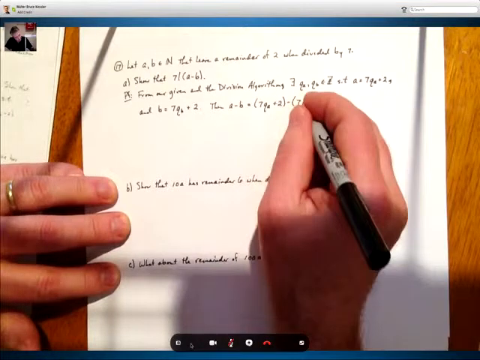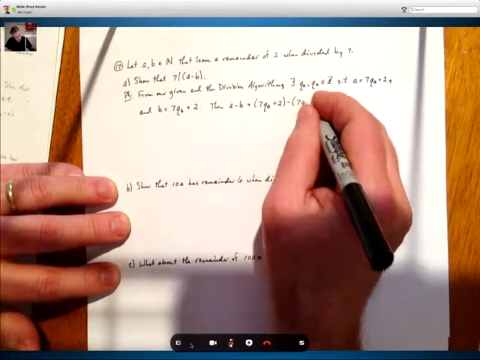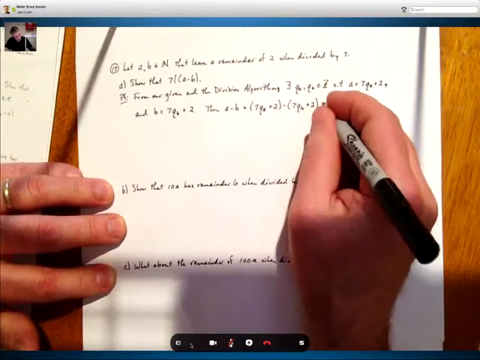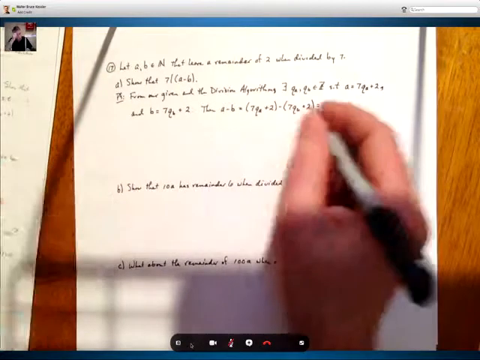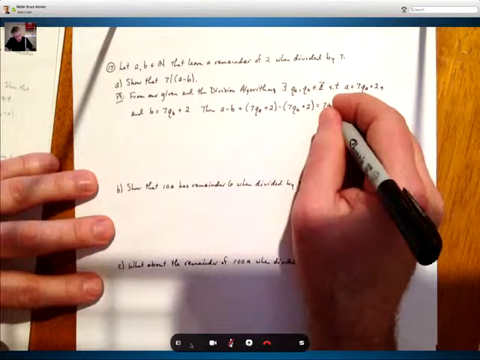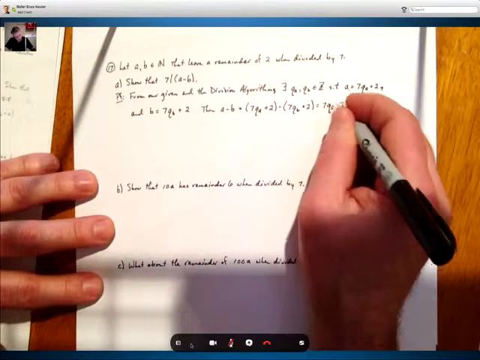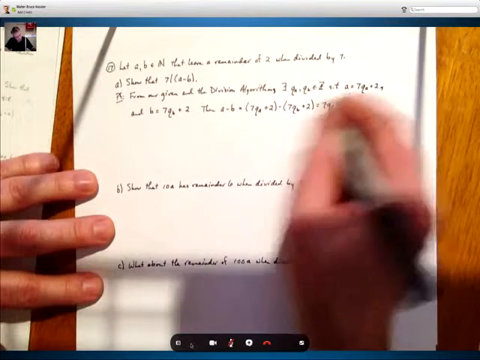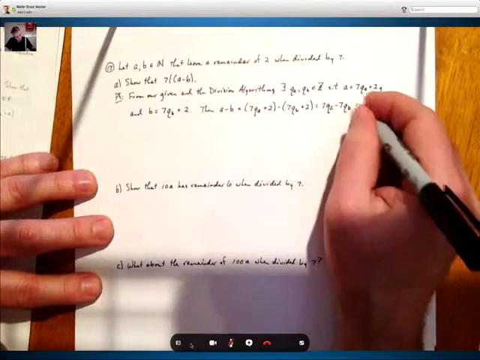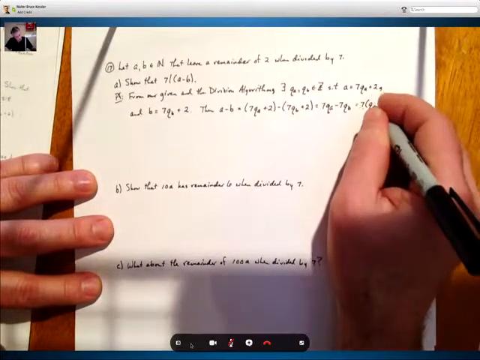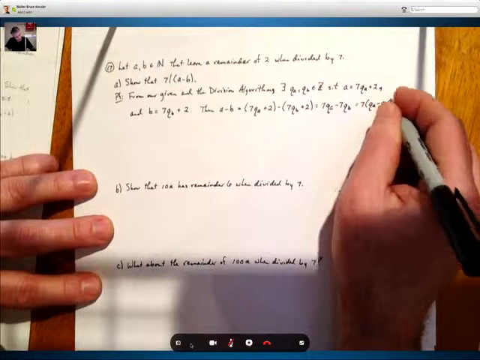This is now 7QA plus 2 minus 7QB plus 2, which when you distribute that through there, you get 7QA minus 7QB. The plus 2 and the minus 2 are gone.